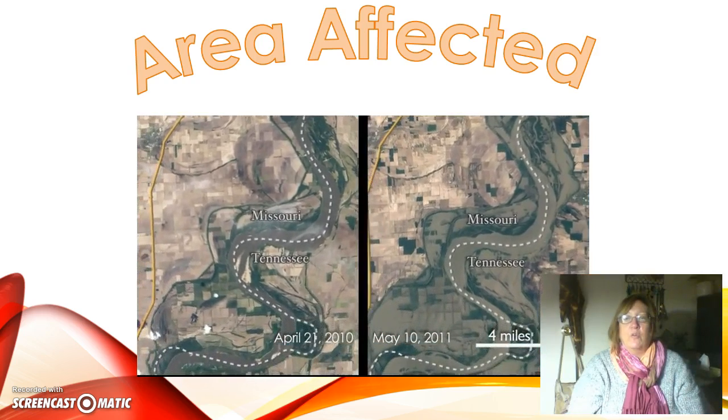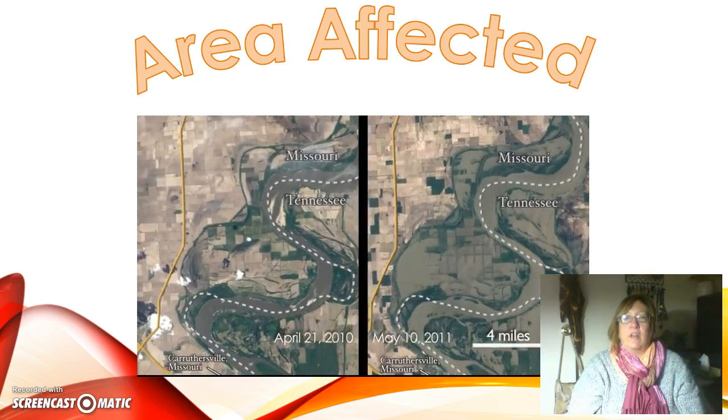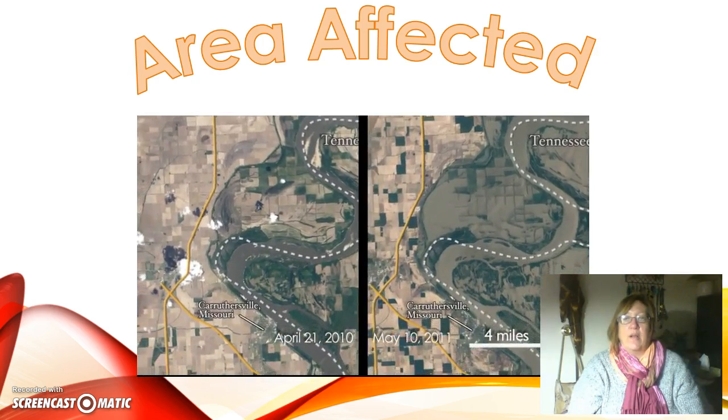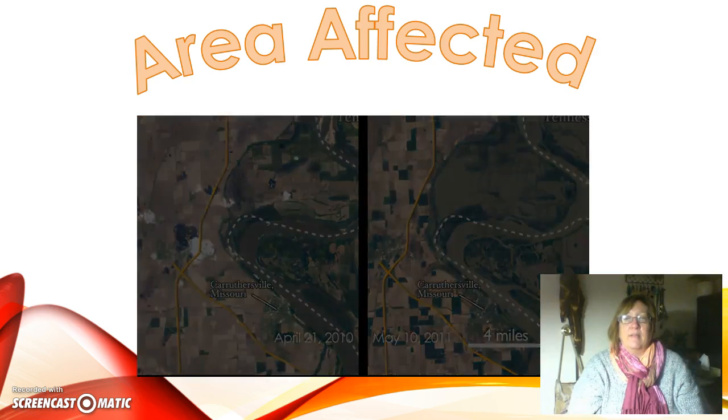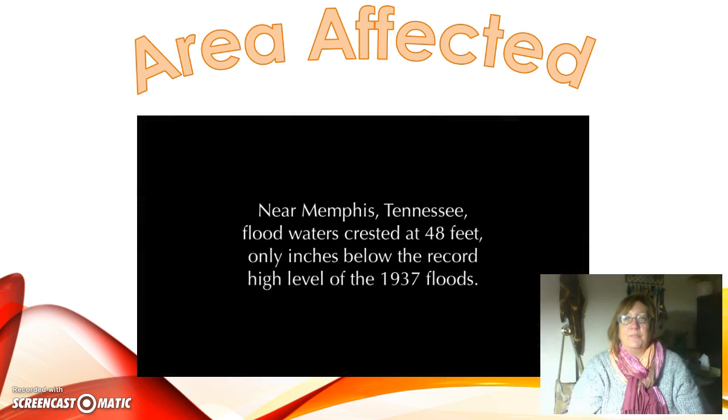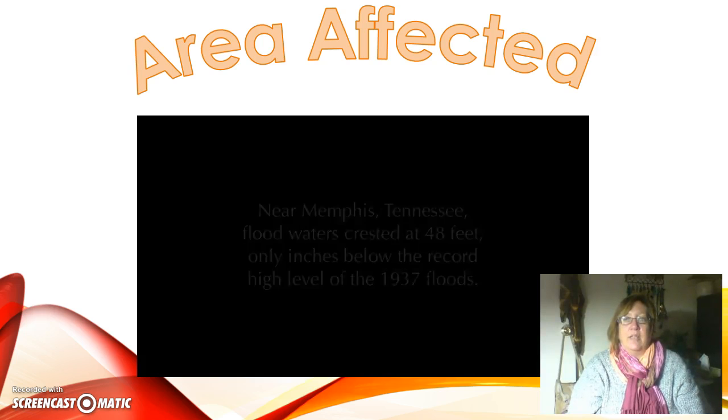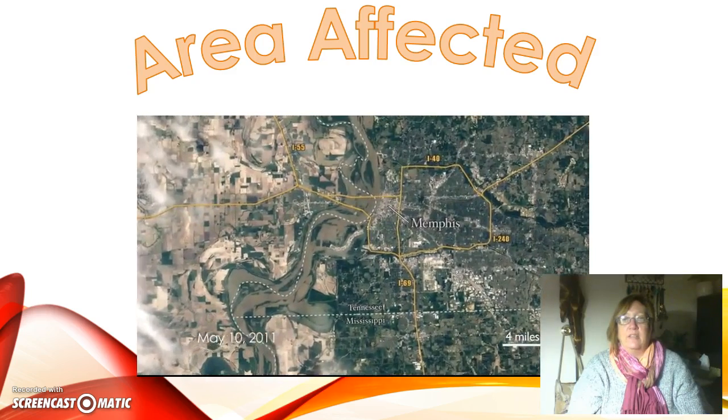Imagine the narrower spots, the water was running a lot faster than in some of the wider spots. 48 feet, only inches below the record in the 1937 flood.